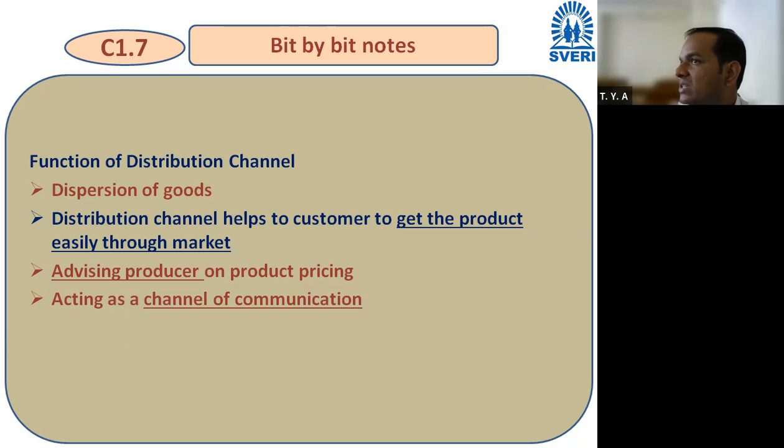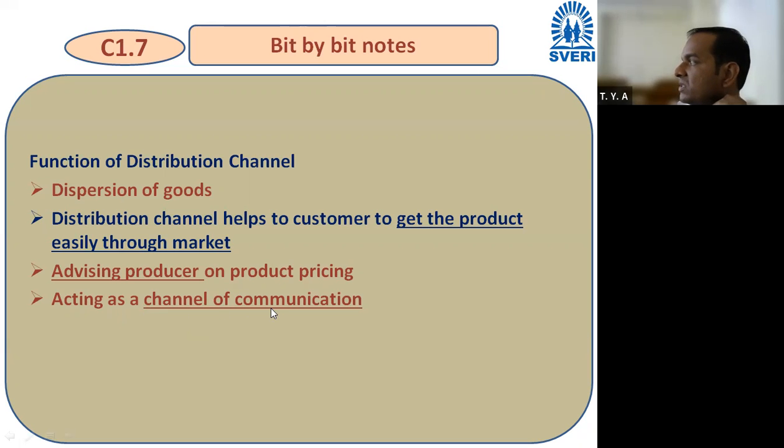So that advice will go through the distribution channel only, and the producer will say, yes, we have to think about this because feedback is coming from our distributors. Distributors are telling this, definitely this is feedback by the customer only. Getting? So this is also a function of the distribution channel. Advising means giving advice to the company to keep such prices so that our customers will take the product properly or take more product.